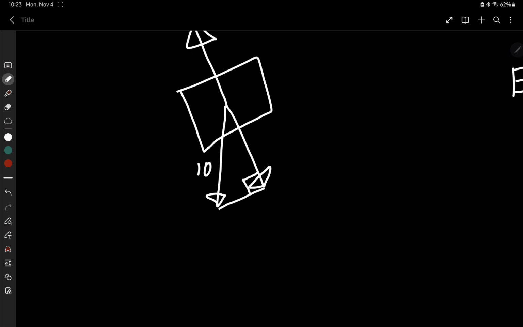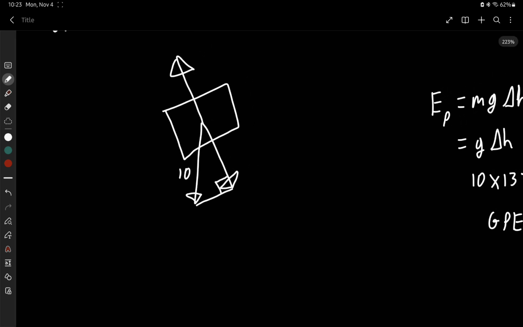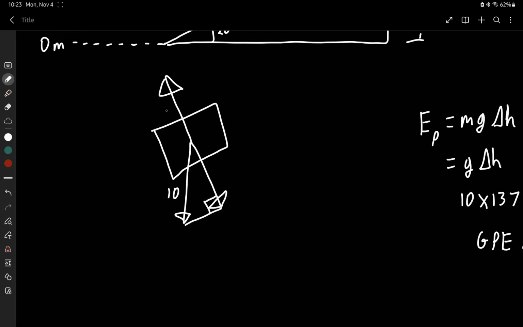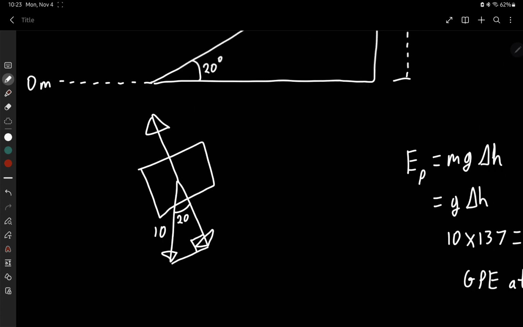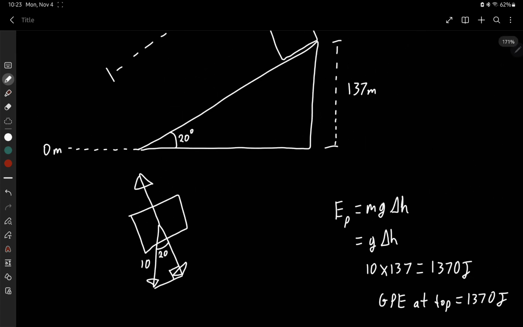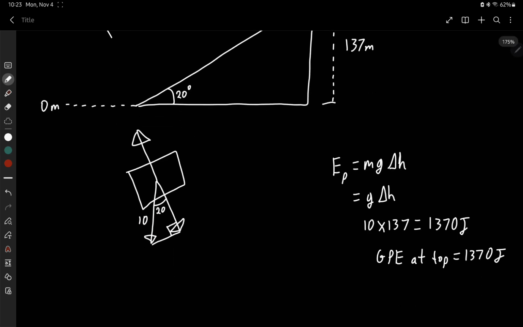I'm just doing the values so we can visualize the different values we get. What we need to find is the normal force, which is this arrow up here. We know this angle here is 20 because the angle between the normal and the vertical is always equal to the angle of incline.